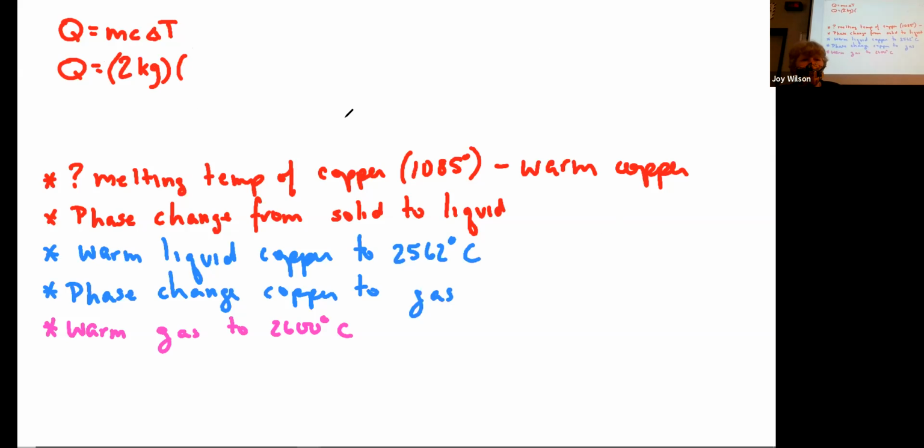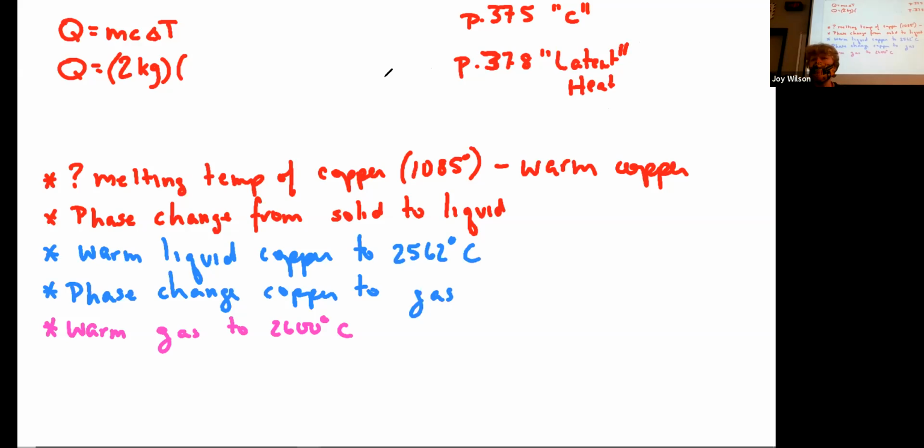So specific heats are on page 375 to get the C values, and page 378 to get the latent heats. So that's where you're going to find those things. 375 is the specific heat.